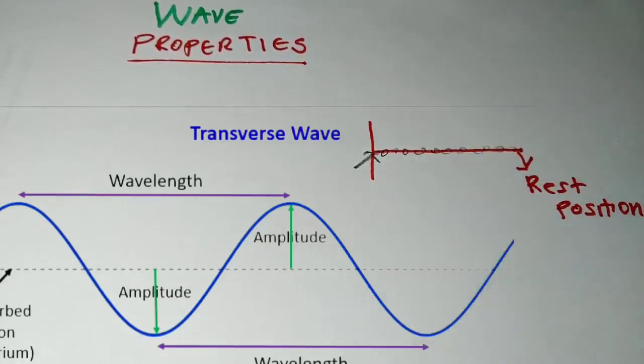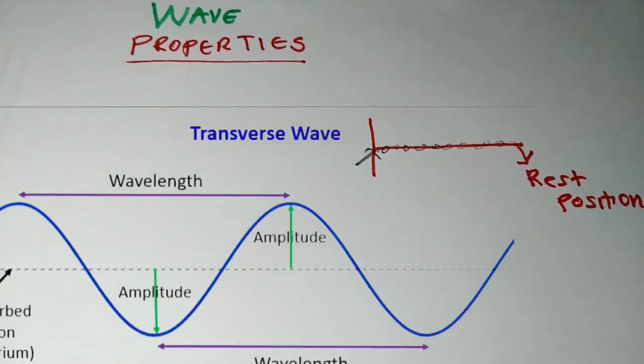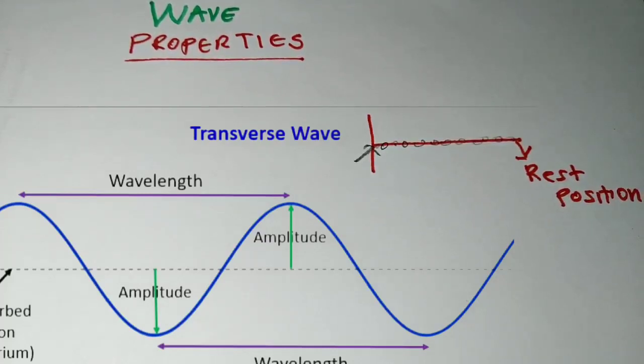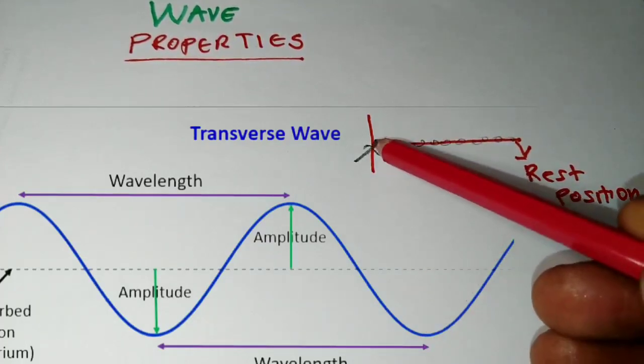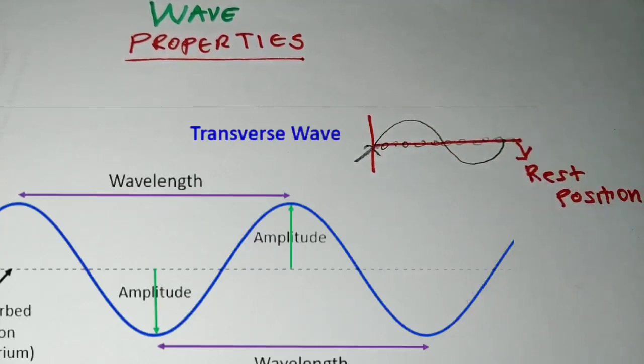So depending on how the particles will vibrate in this medium, now the maximum displacement, as we can see on the diagram, you have a wave shown like that. What's going on here is that these waves get displaced.